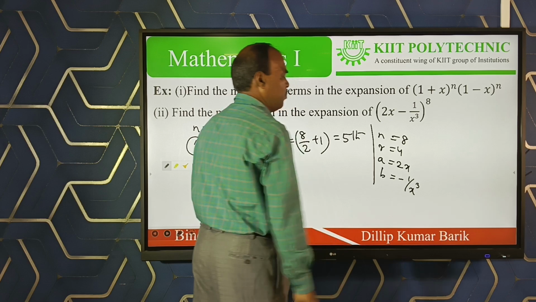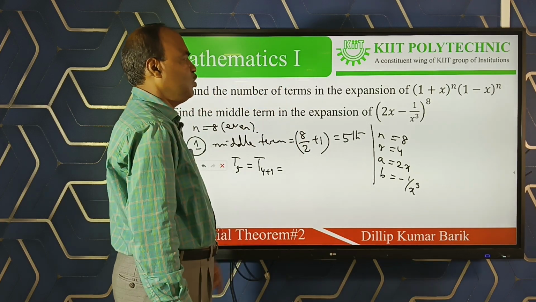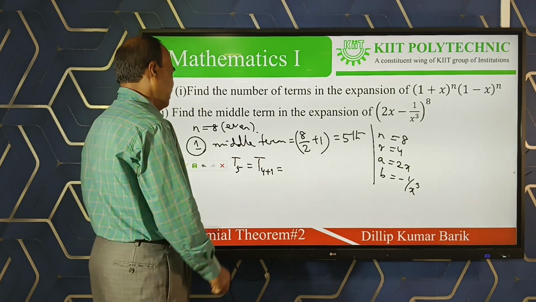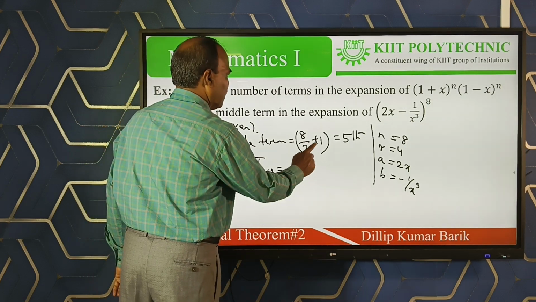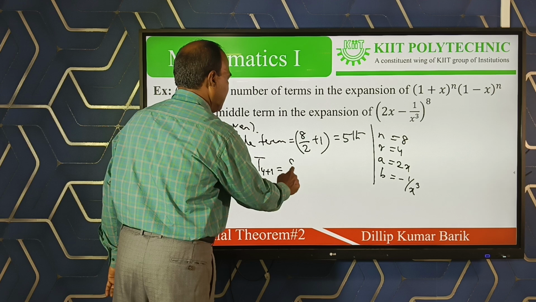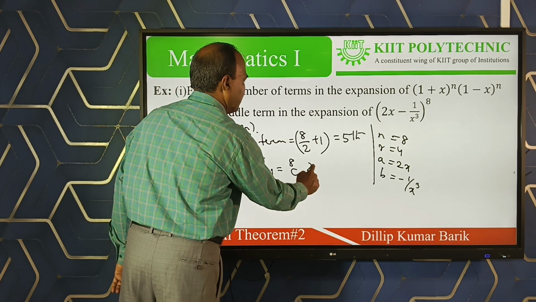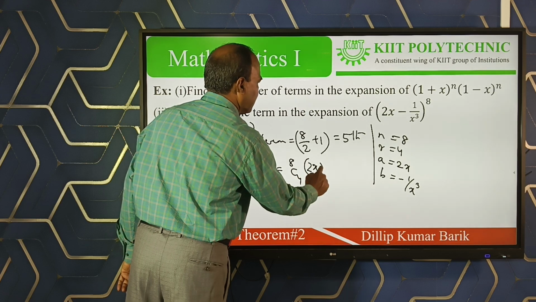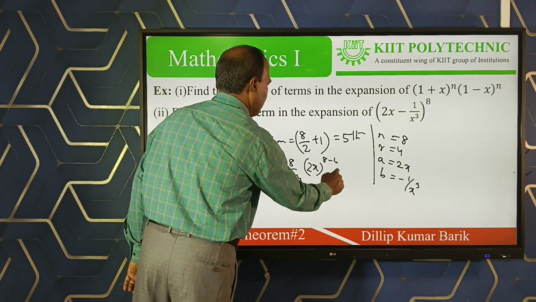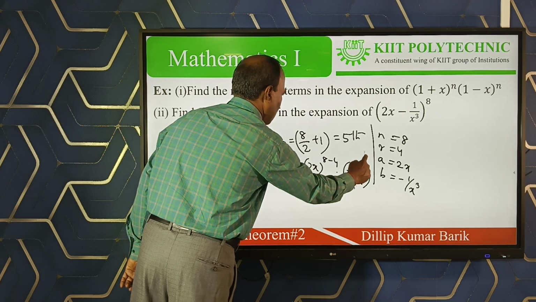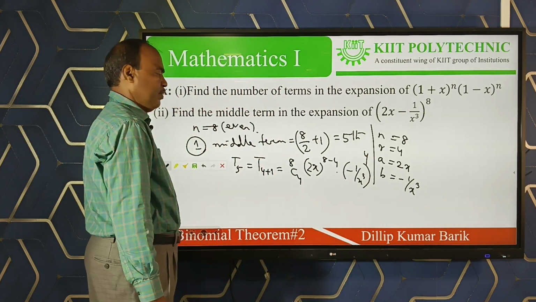Minus is important, don't write plus here, because between the two terms a minus sign is given, b has a minus sign. So using the formula nCr, 8C4, here a is 2x, (2x) whole to the power 8 minus 4, and the second one is (minus 1 by x cube) whole to the power 4.